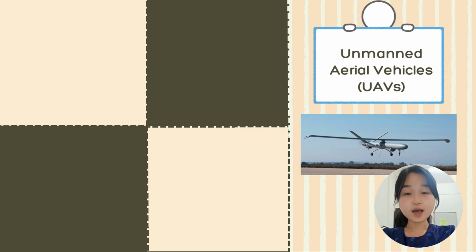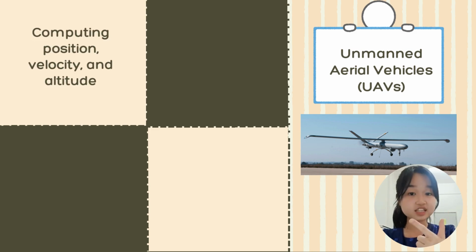Apart from that, unmanned aerial vehicles (UAVs) are also one of the applications of vectors in the navigation field. Vectors play a crucial role in UAV navigation, providing the mathematical foundation for computing position, velocity, and altitude.